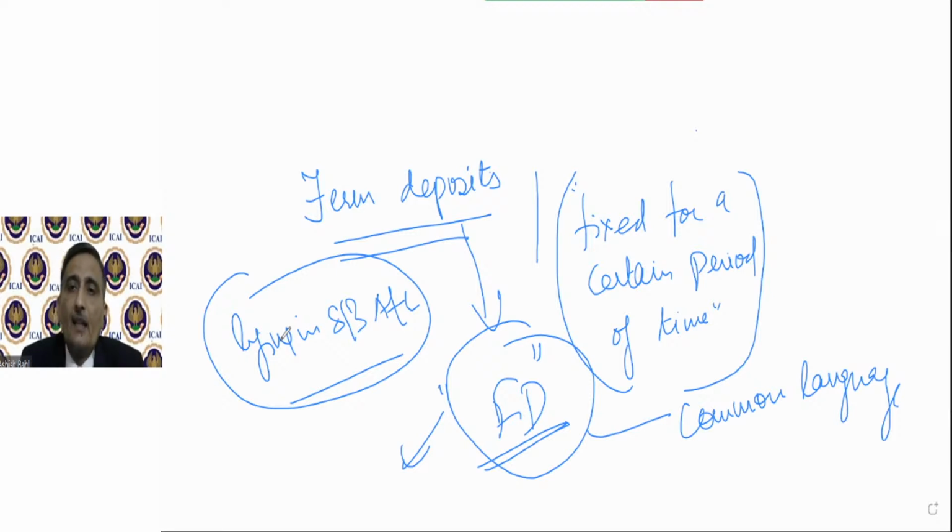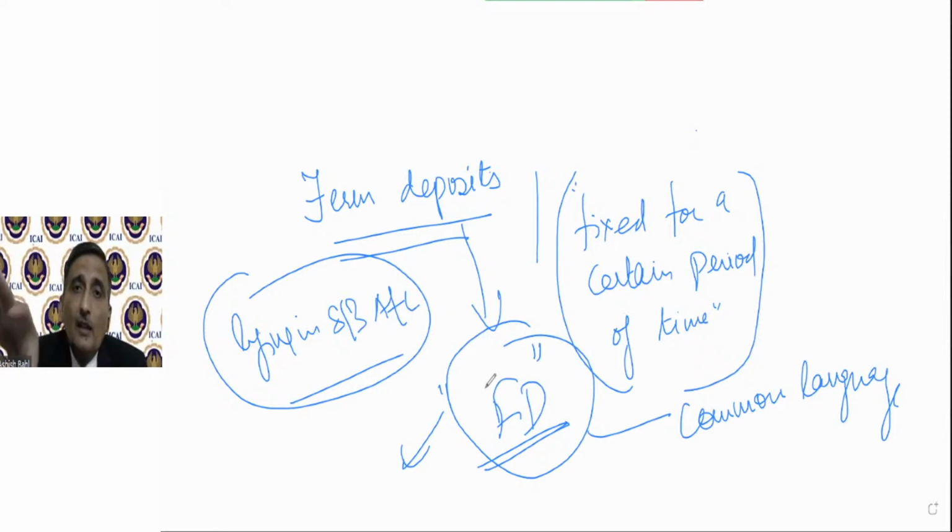So is it clear? So these are the sources of funds of banks, and these sources are not coming for free except current accounts. The bank is paying interest to customers on term deposits and on saving accounts, but on current accounts, the bank is not paying anything.